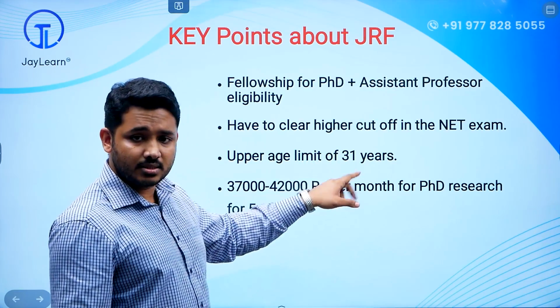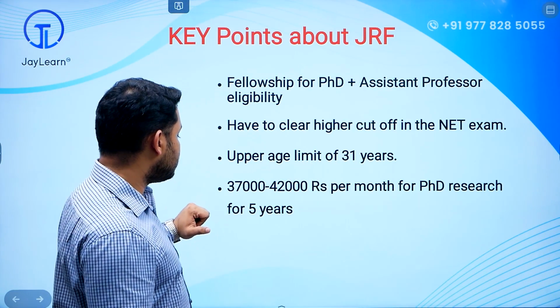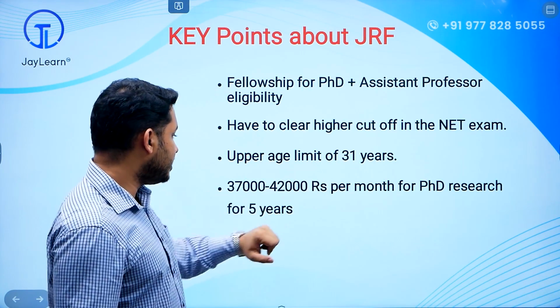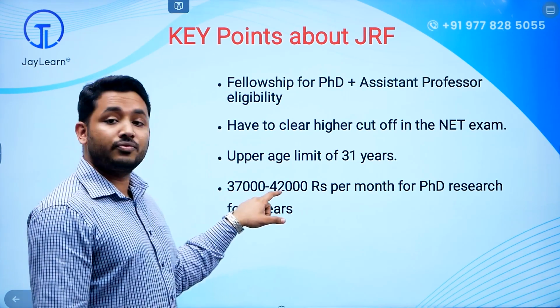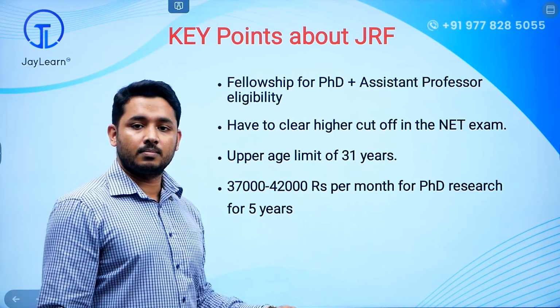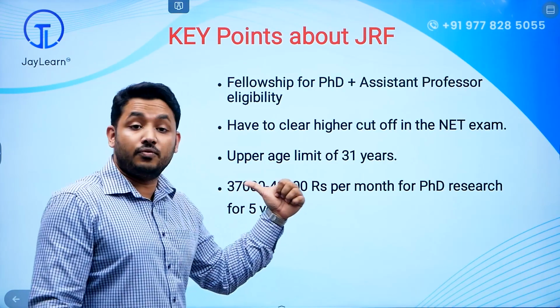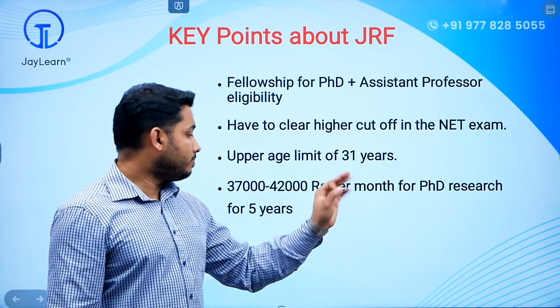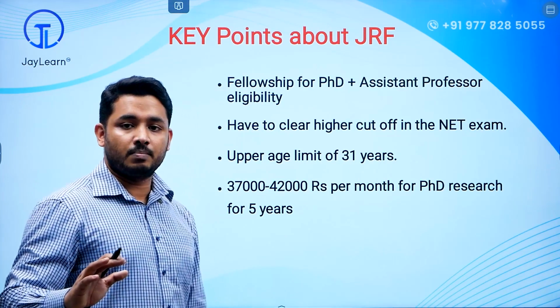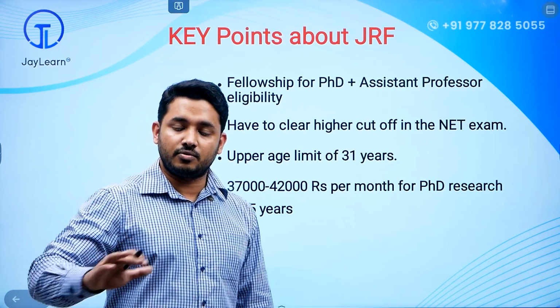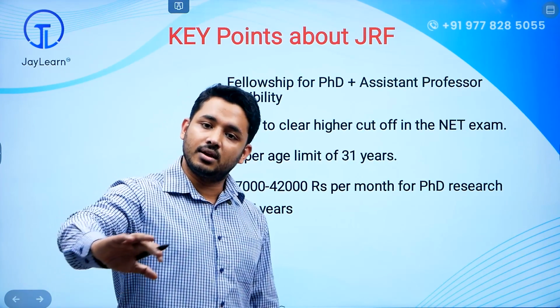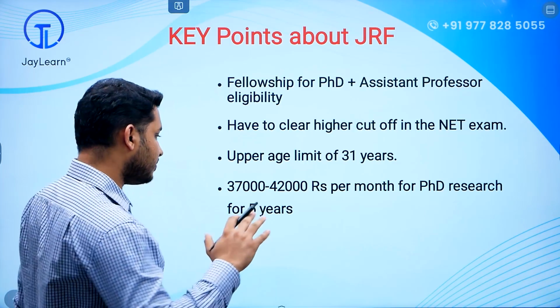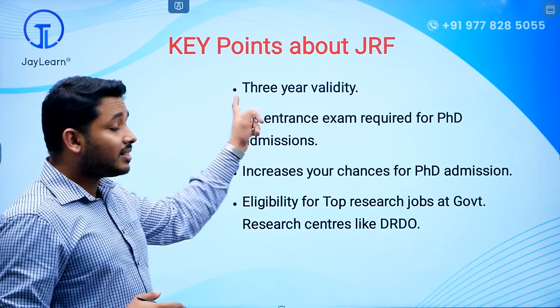So actually 30 years in the recent notification. So it's actually 30 years. 37,000 to 42,000 per month. So 37,000 to 42,000 per month for PhD research for 5 years. So the month you join PhD, if you have a JRF, you'll start getting the JRF stipend. That's the fellowship. It has a 3-year validity.